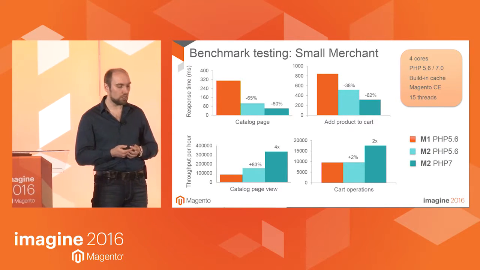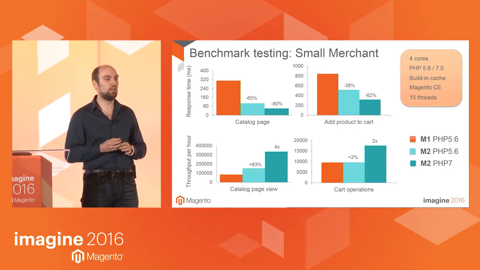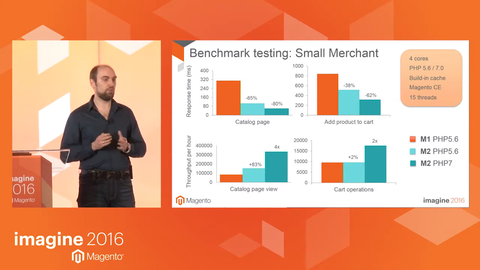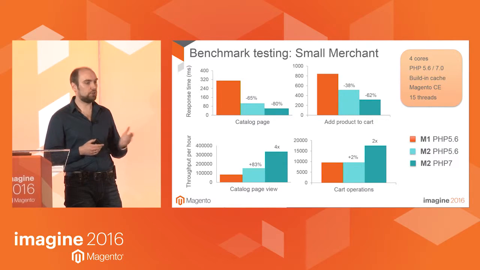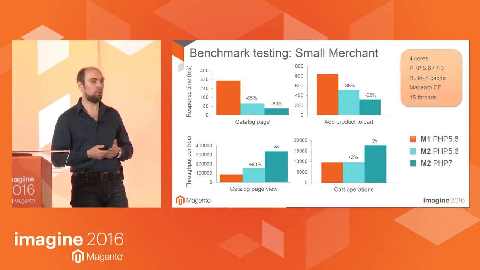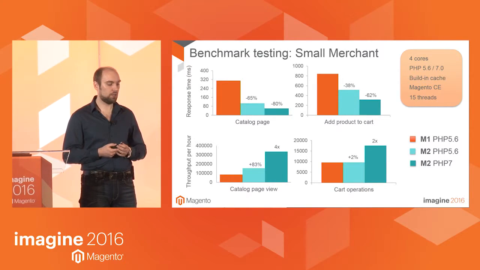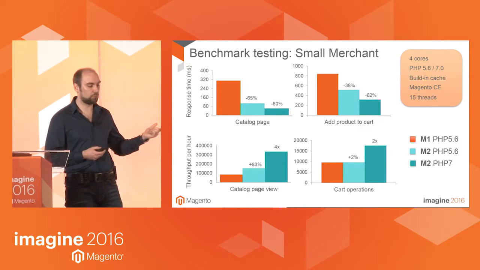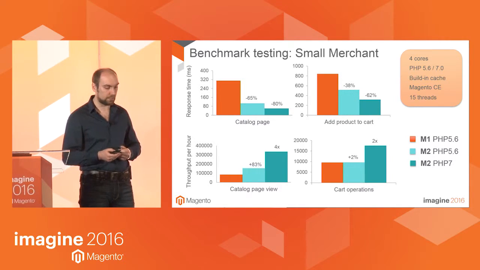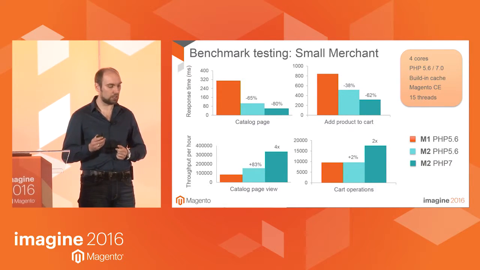So as you can see, if you compare Magento 1 against Magento 2 community version, Magento 2 will provide you better response time on all catalog operations, as well as better add to cart time, and definitely higher throughput on both scenarios. Let's move to checkout.